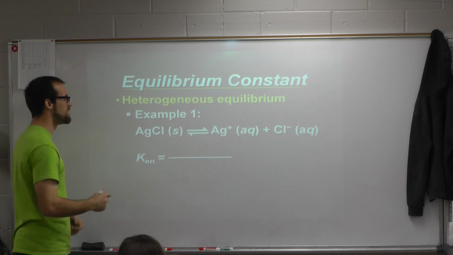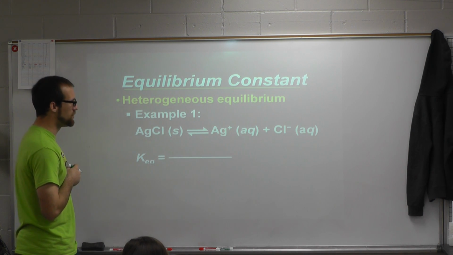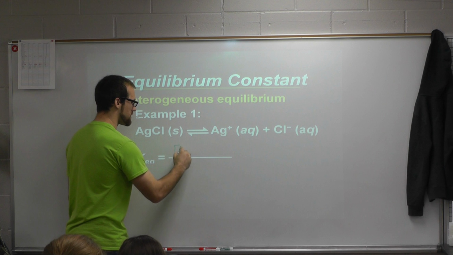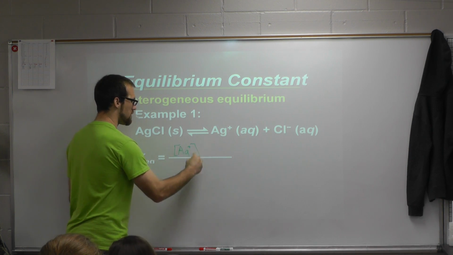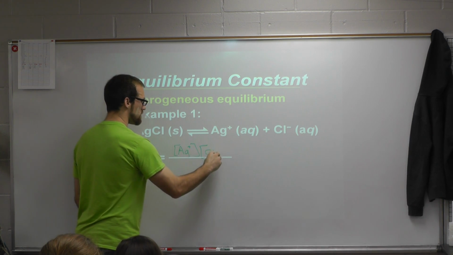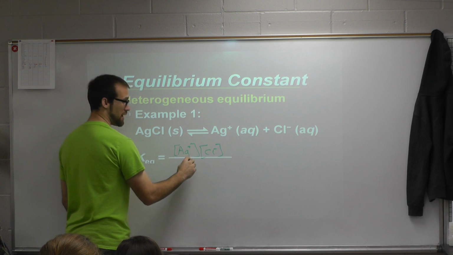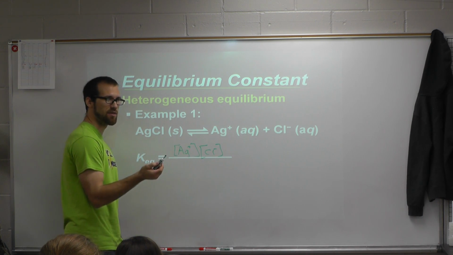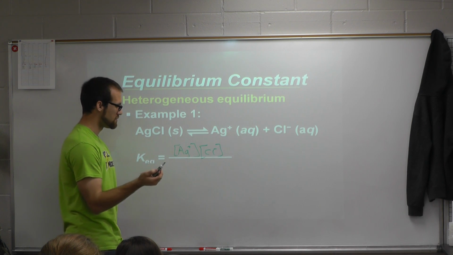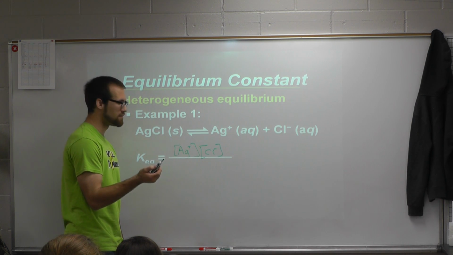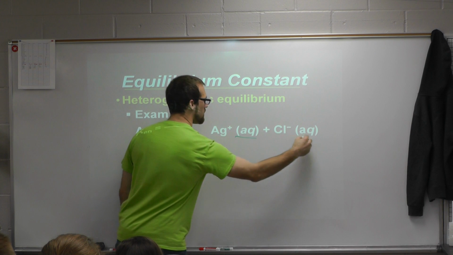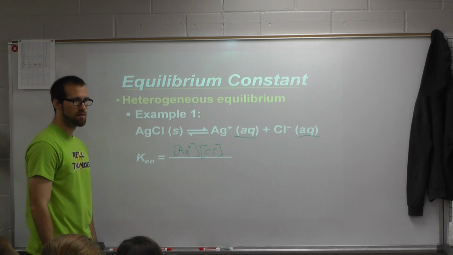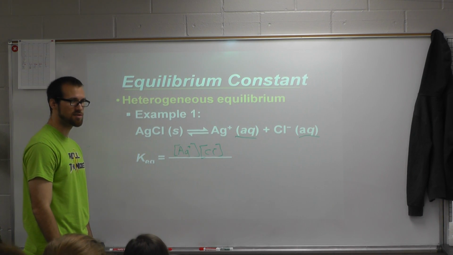We might be trained to do products over reactants and write this. What's the problem? Did I do something wrong? Is it just one? It's not one. Can that concentration change?